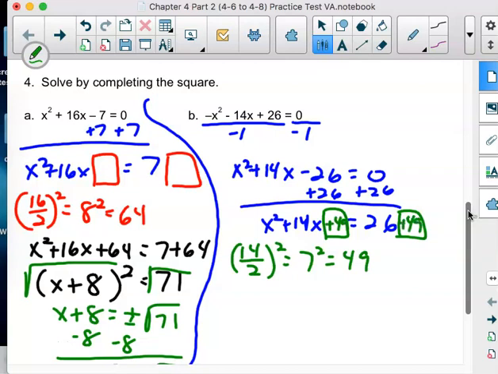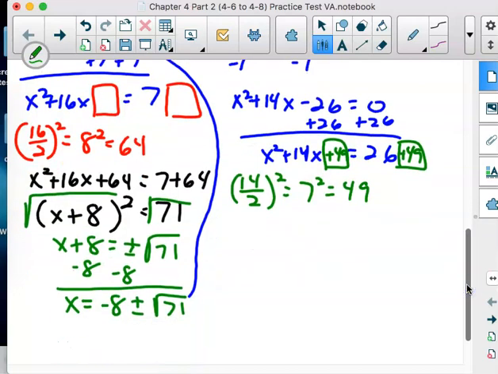And that's always going to be a plus because that has to be a perfect square. 26 plus 49 is 75. And what do we put in the parentheses? Good, x plus 7.